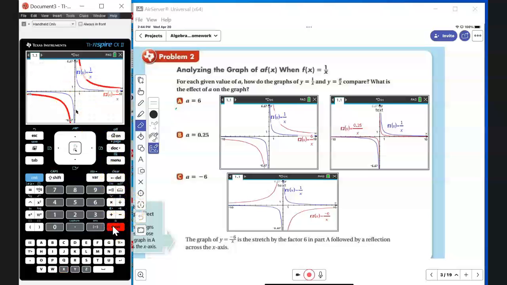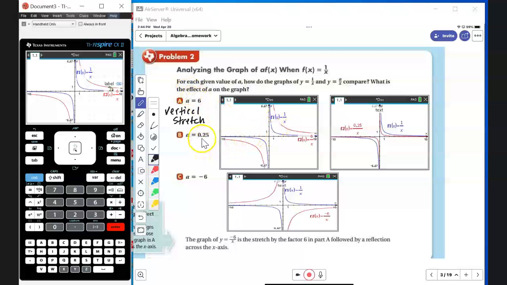Tell me what's going to happen. You notice that if this is a rubber band, we're kind of stretching it out. And it's vertical, so this would be a vertical stretch by a factor of 6. And that's what you can see here.